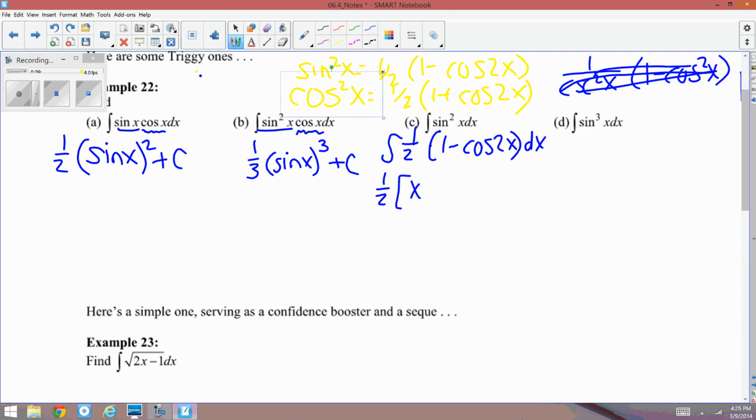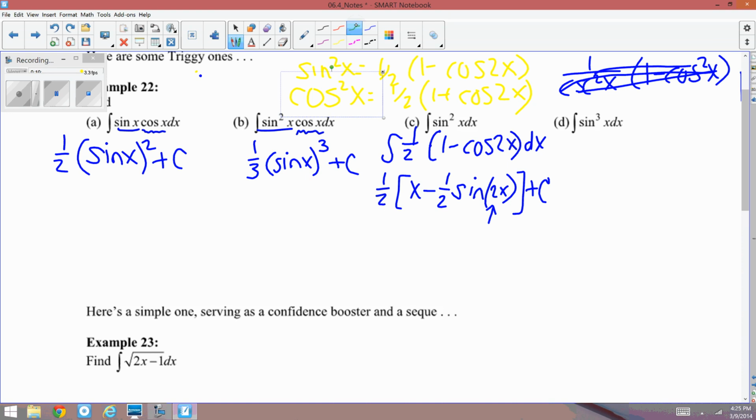I need to put a correction of 1/2 here. Antiderivative of negative cosine is negative sine of 2x, and I put that 1/2 there to correct for that 2 if you take the derivative. And don't forget your plus c.